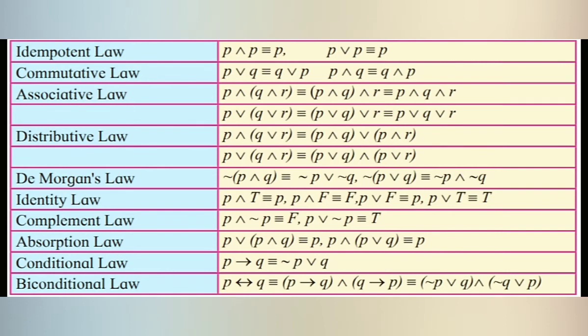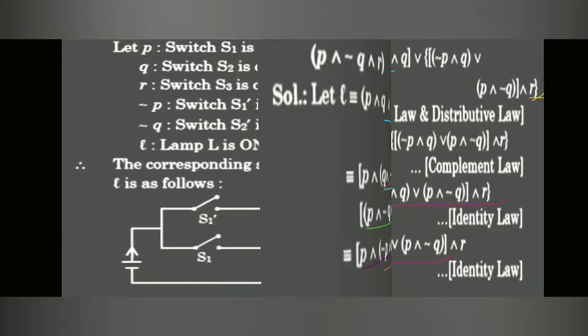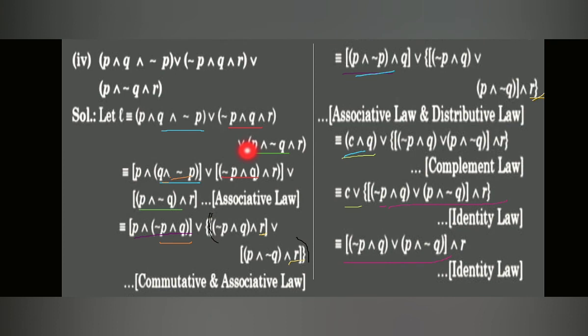Associative law: P and (Q and R) is equivalent to (P and Q) and R, or P or (Q or R) is equivalent to (P or Q) or R. This (Q and ¬P) write in bracket.